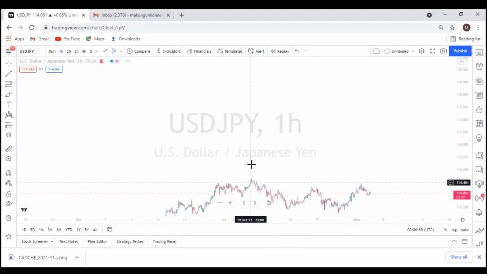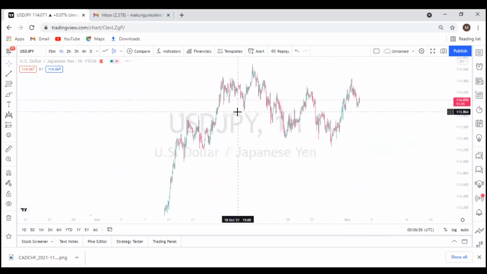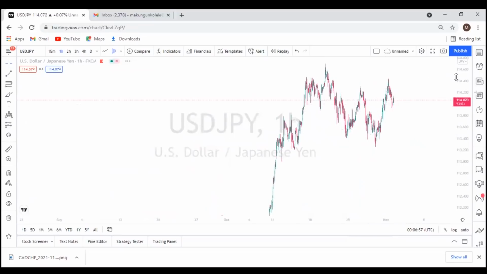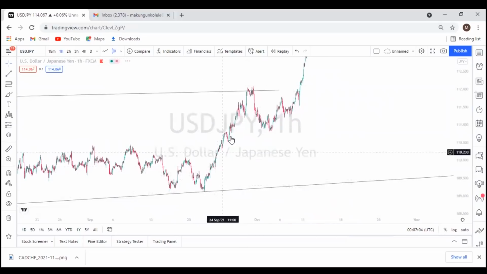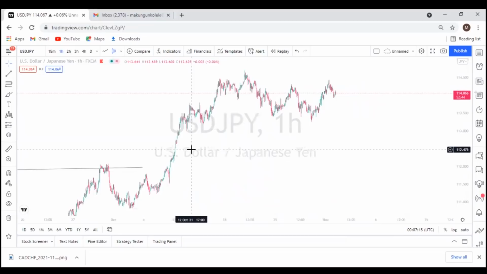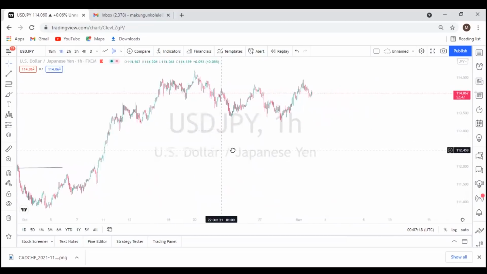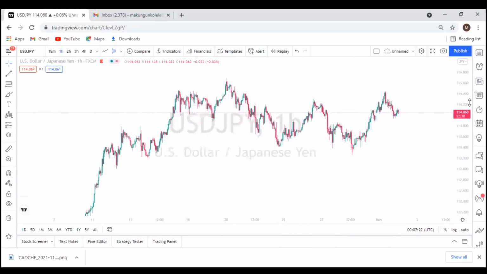So let's draw our support and look at the momentum from the third touch. This was the third touch, remember, from our big structure. Third touch, huge momentum. So right now we are anticipating that kind of momentum next.